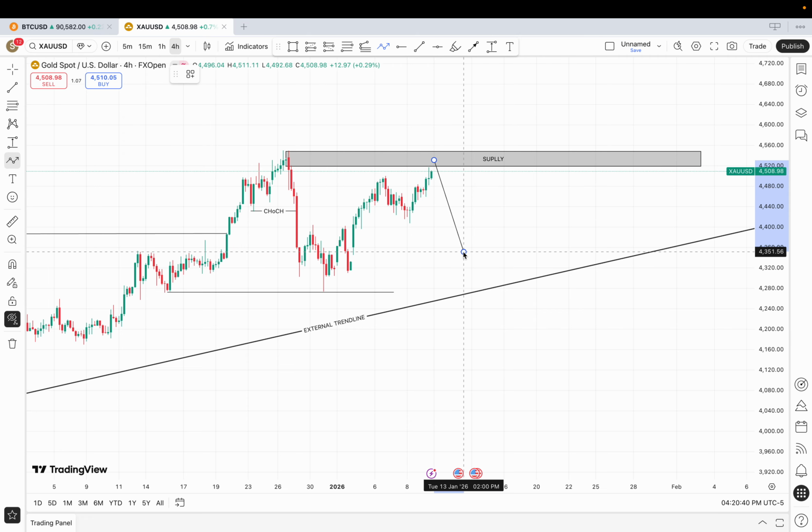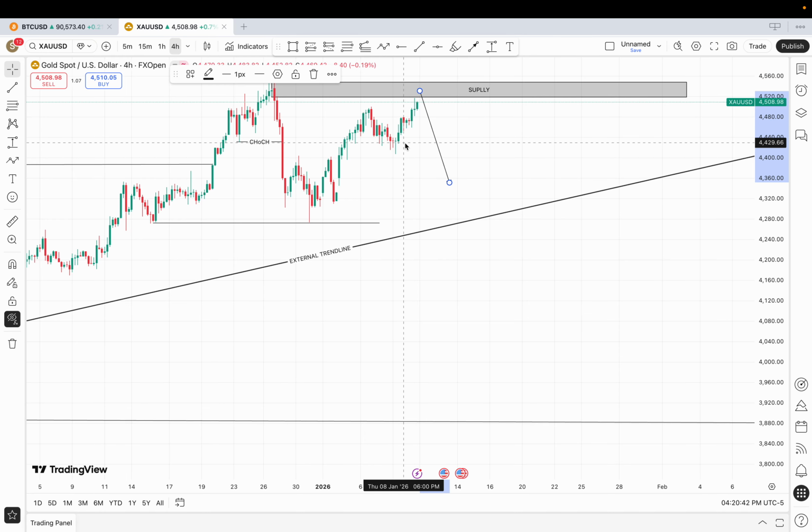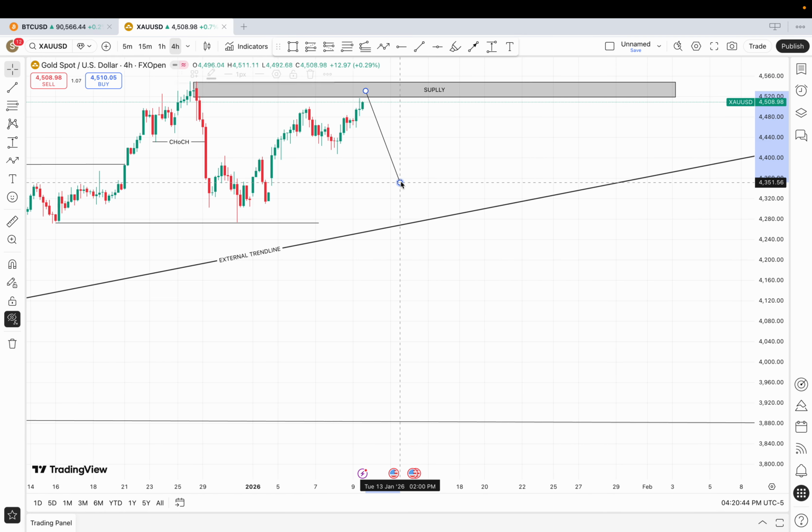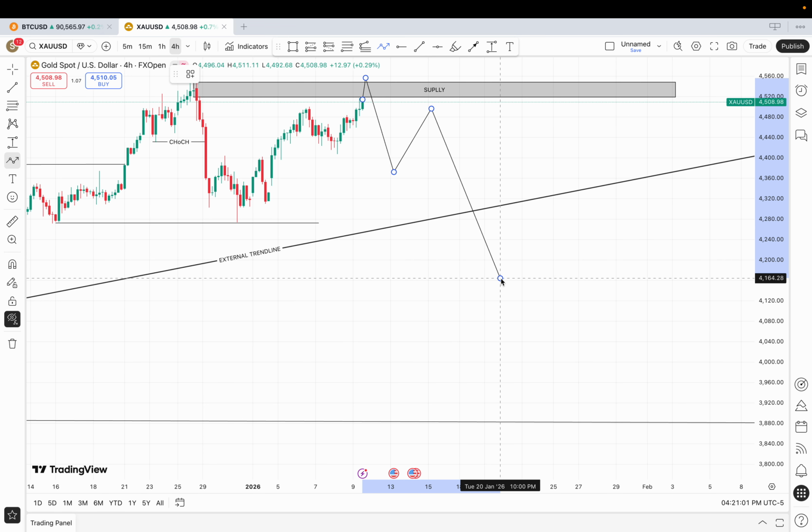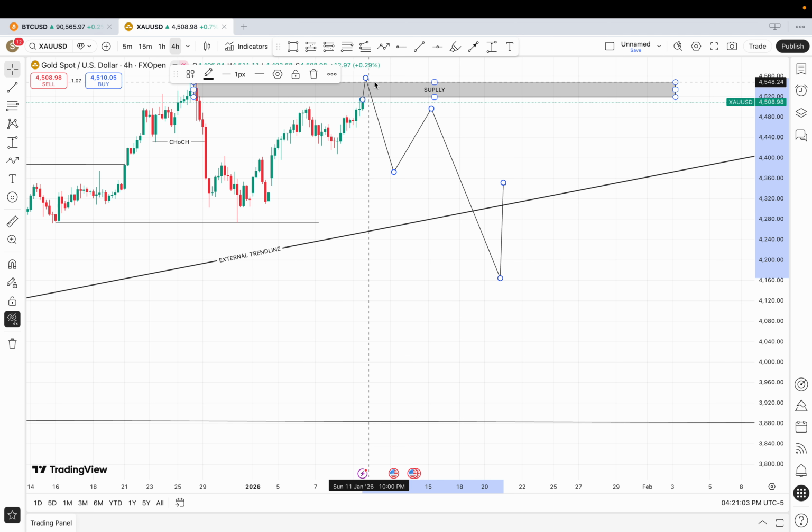It came to change the character here. If it taps into our supply, and then we come to change the character, it came here. We could sell right here and come here, and our stop loss should be at the top here.